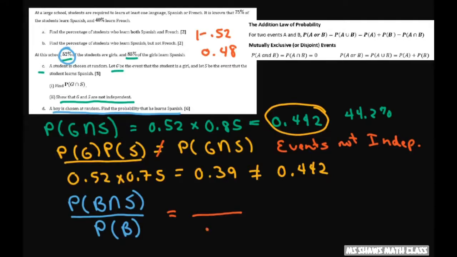So just put 0.48. And then the probability of boys and Spanish is going to be 0.75 for your Spanish times 0.442.